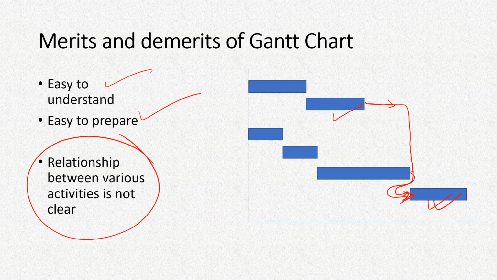But it is easy for the software to understand, while for human eyes, this kind of complex network is difficult to understand, and all these arrows will intersect each other, so it becomes difficult to read. So for that, we have some other techniques, which is called an activity network.